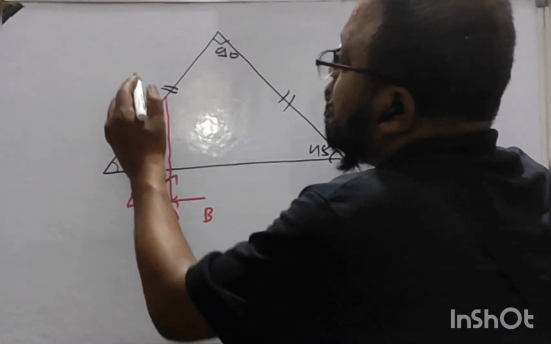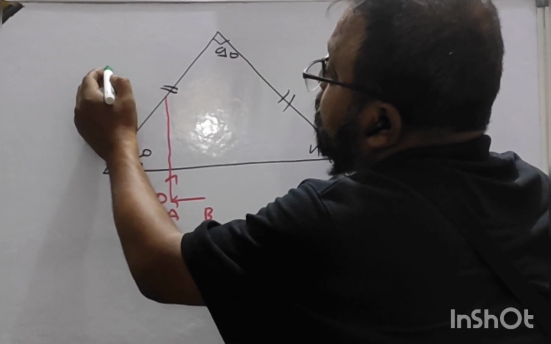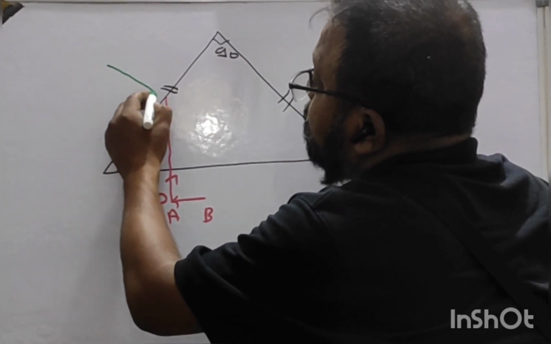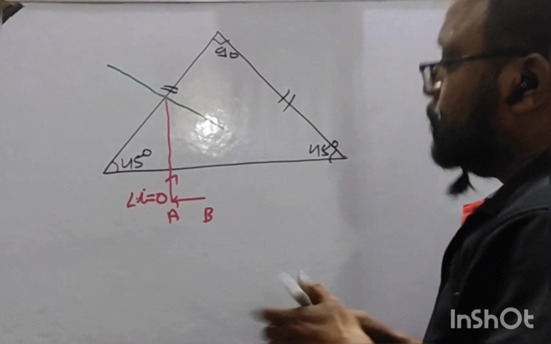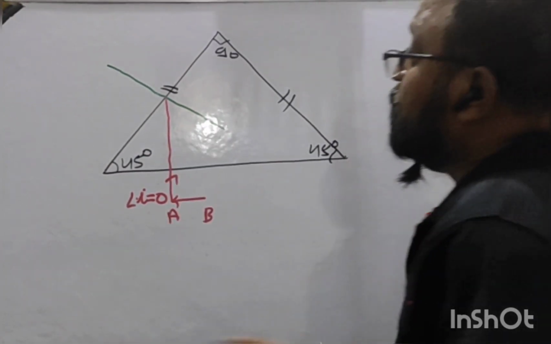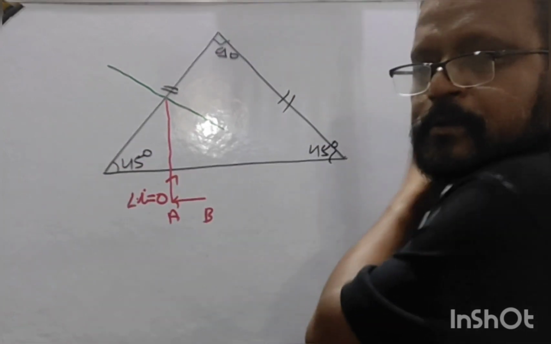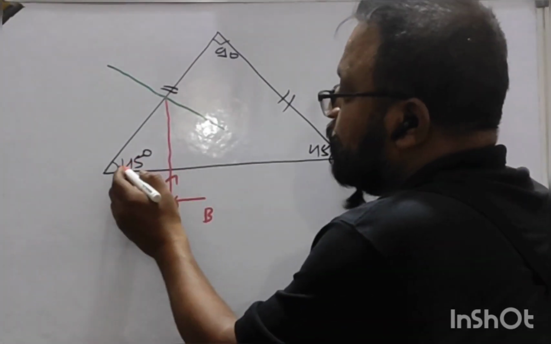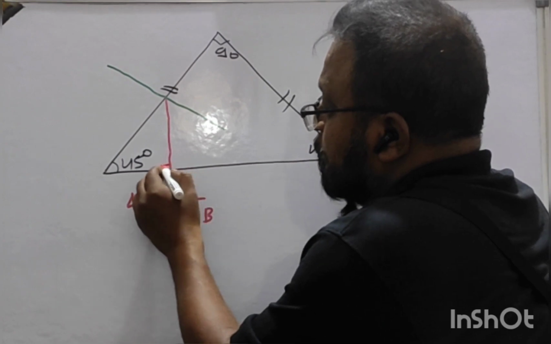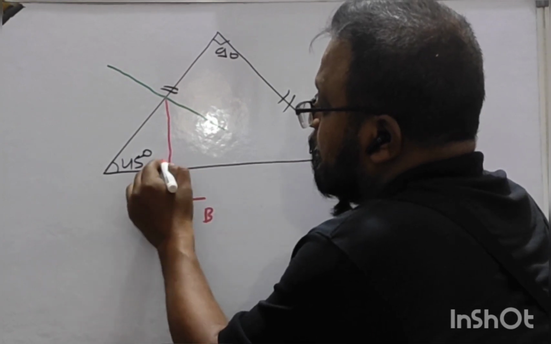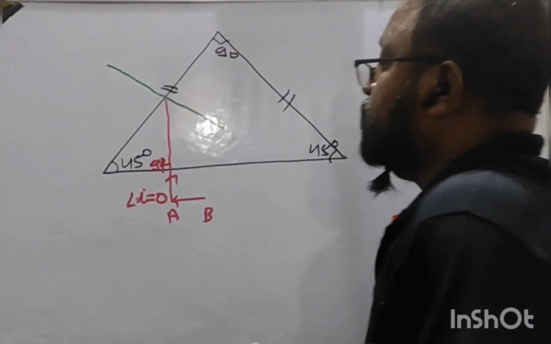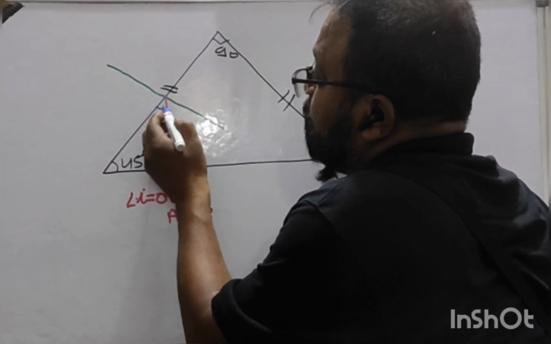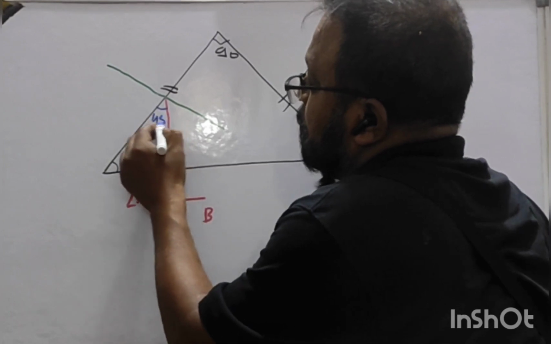And here, when you draw the normal of this surface, then what happens? This is the angle of 45 degree, this is of angle 90 degree, so this angle will also be 45 degree.